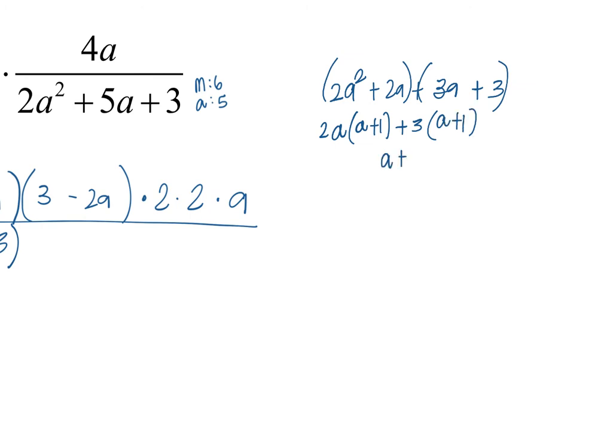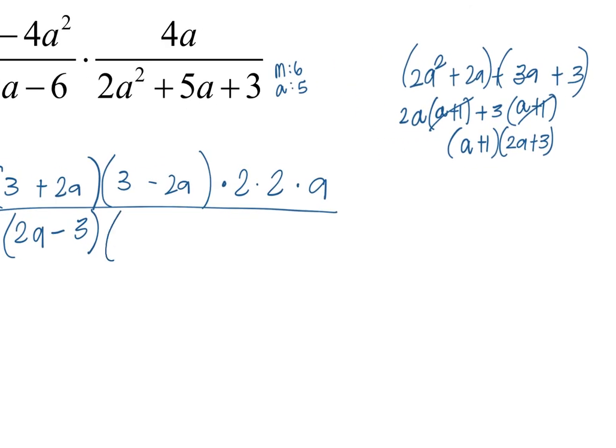So that factors into a plus 1 times 2a plus 3. If we take out that GCF of a plus 1, that 2a plus 3 is what we're left with. So I'm going to write a plus 1, 2a plus 3.